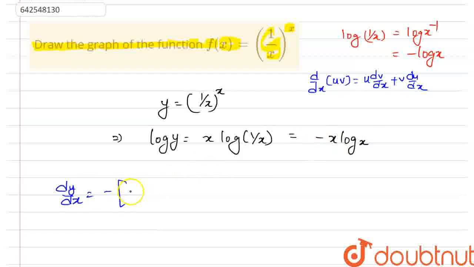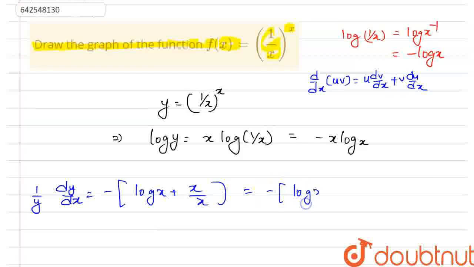Firstly we'll differentiate x, so we will have 1, then log x, and then x into differentiation of log x, which is 1 by x. Also on the left hand side, differentiation of log y will not be dy by dx, it will be equal to 1 by y into dy by dx, since the differentiation of log y is 1 by y. Now this can be written as minus log x by x, that is 1.